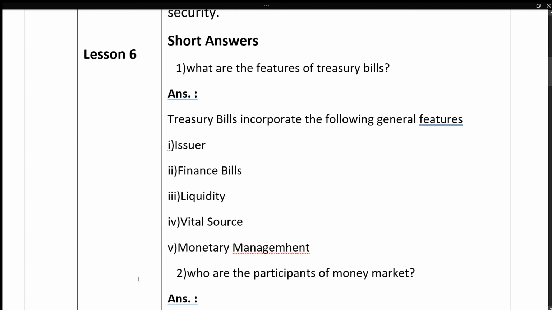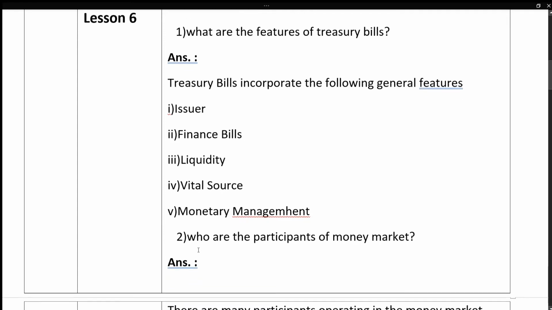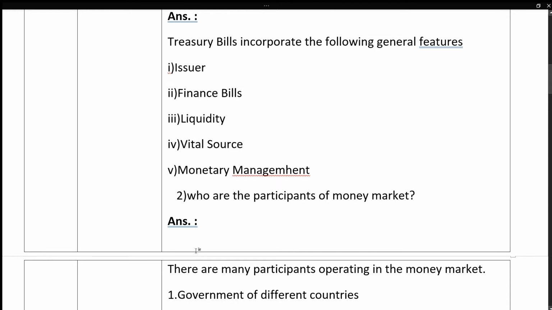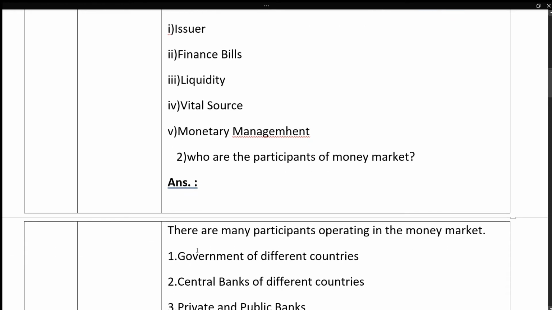It is always issued to raise finance. And next, it has high liquidity. Anytime you can convert it into cash. And it plays a vital role in the money market. And monetary management. Here it helps the business firms who are in need of money to raise it. So it has monetary management features.